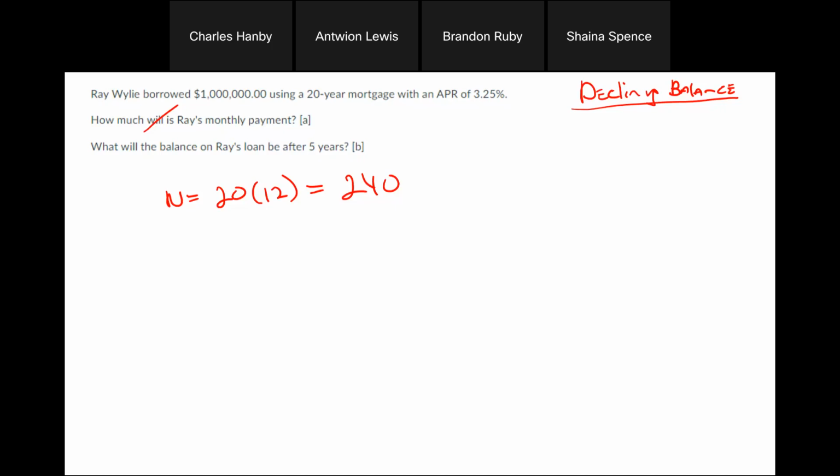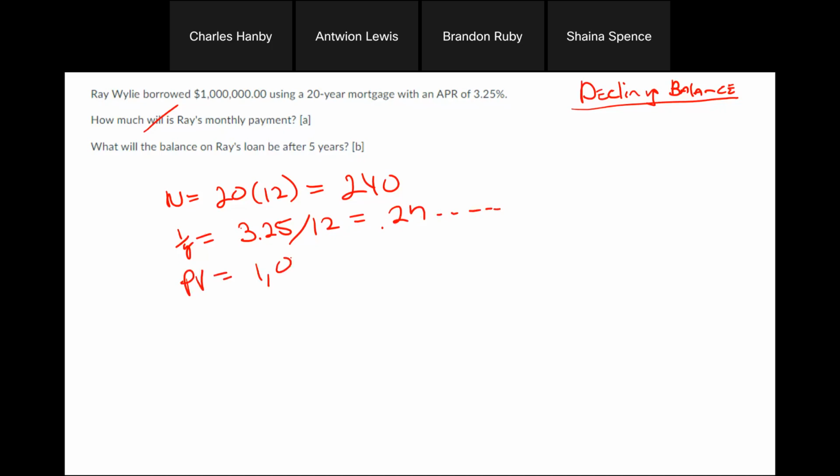So IY is the APR, 3.25 divided by 12. So that's 0.27, and remember that the calculator carries those numbers. So do the calculation, hit equals, and then press IY.